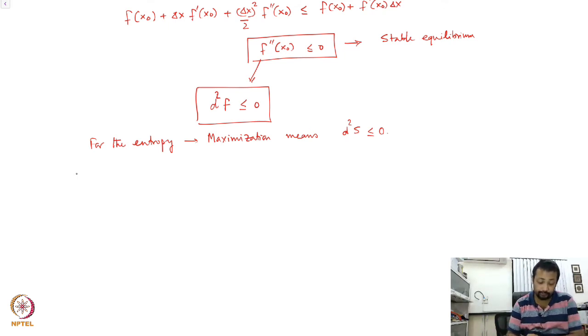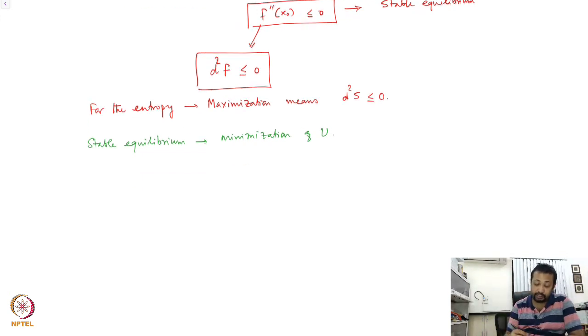What about the internal energy? Well, for internal energy, I know the system goes to a stable equilibrium, a minimization of u, and therefore one can immediately see that if the same line of argument that x1 plus x2, the composite system, the internal energy of the composite system must be less than u of x1 plus u of x2, right?